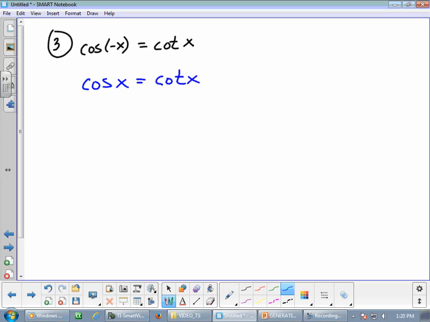Now what? Sines and cosines? Suppose we can. So cosine of x over 1 is equal to, cotangent is what? Cosine of x over sine of x.